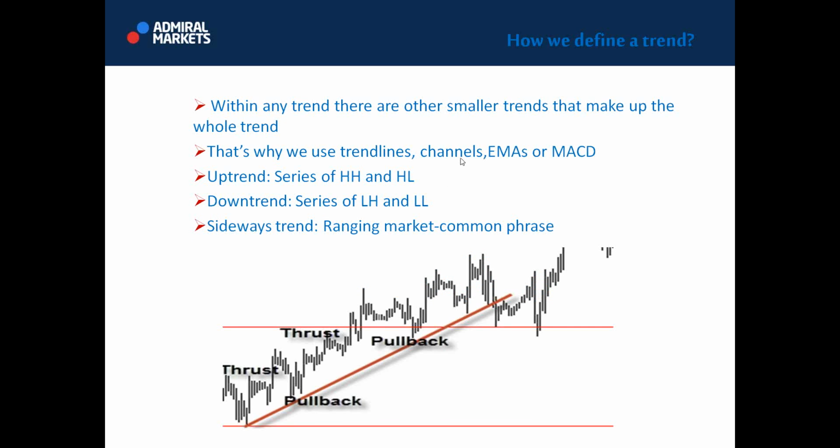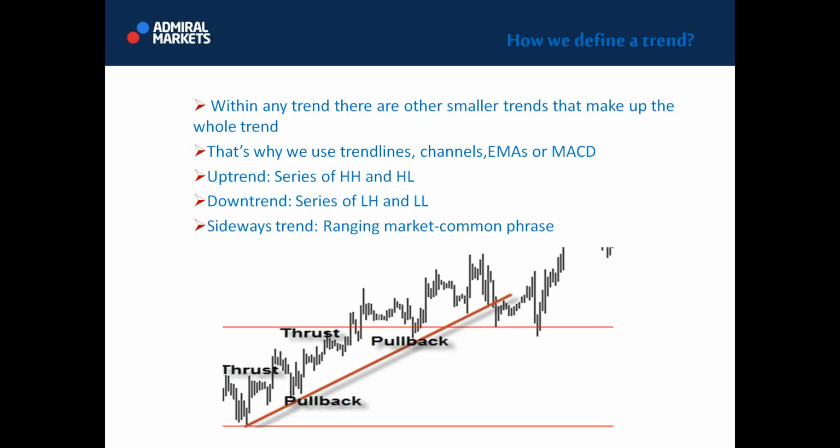The next thing I want to tell you is how we define a trend. Within any trend, there are other smaller trends that make up the whole trend. That is called thrust and pullback action. That's why we use trend lines, channels, EMAs, or MACD.